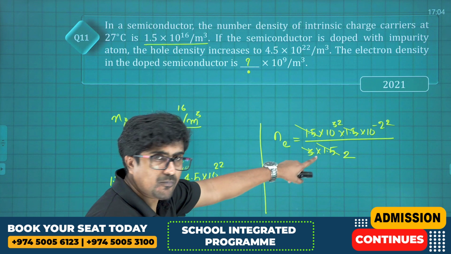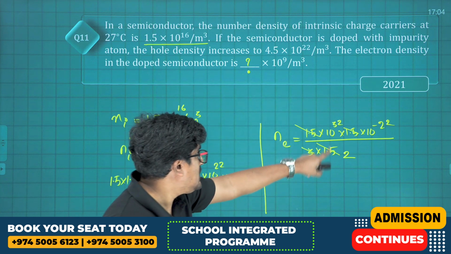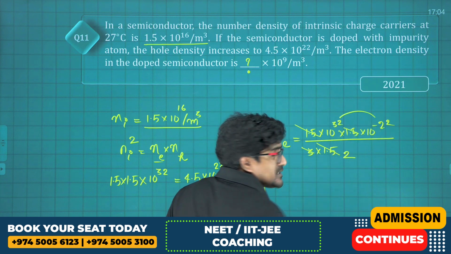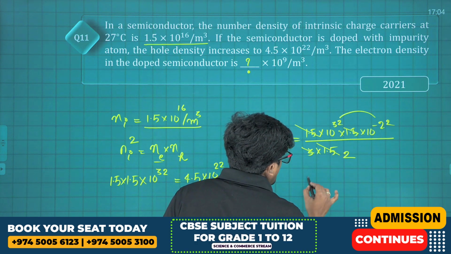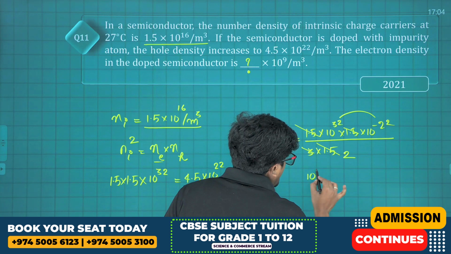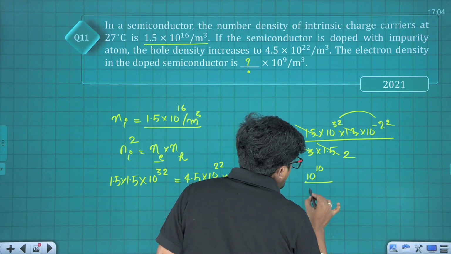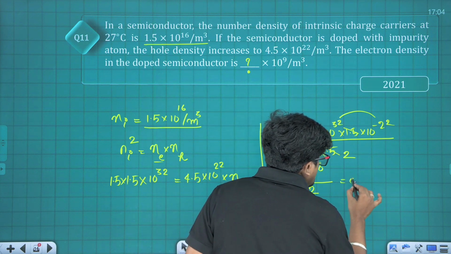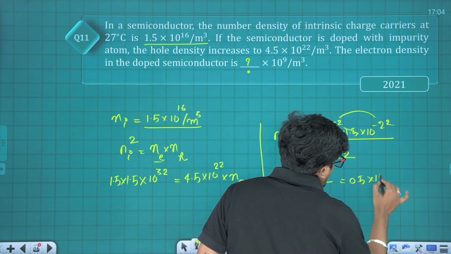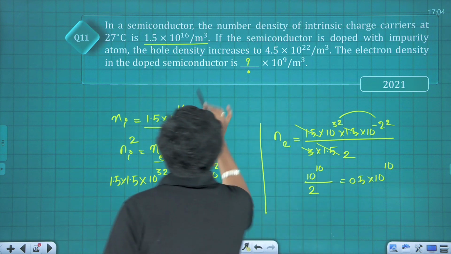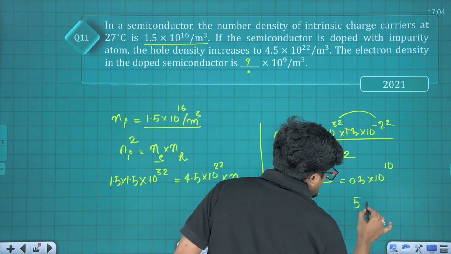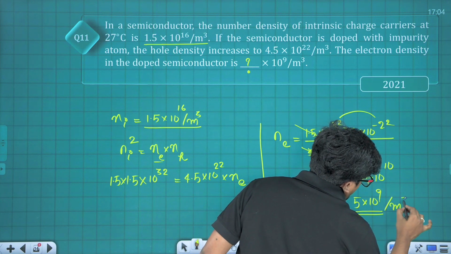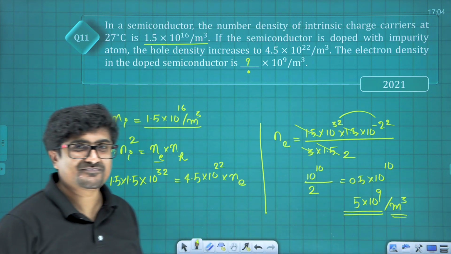It will leave 10 to power 10 on the top, all divided by 2. 1 by 2 is 0.5. So you get 0.5 into 10 to power 10, or 5 into 10 to power 9 per meter cube.